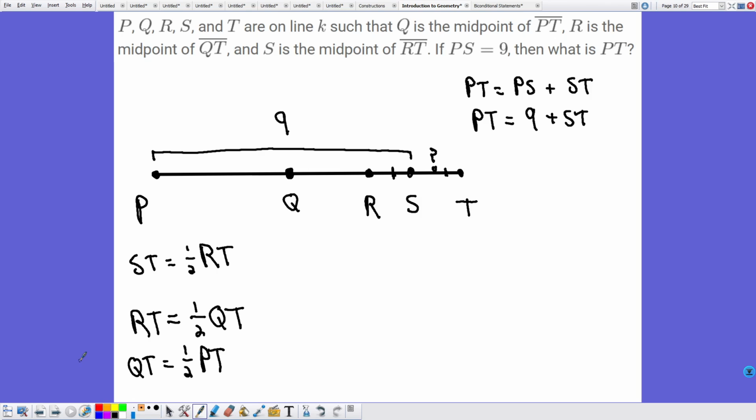And now we can sort of just substitute in all these equations we have into the equation with ST that we started with over here. So ST is 1/2 RT, but RT is 1/2 QT. And we can go further because QT is 1/2 of PT.